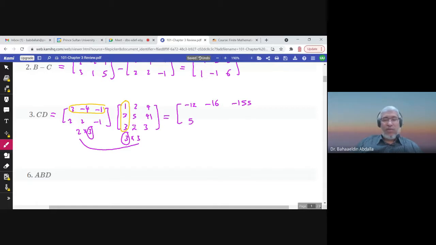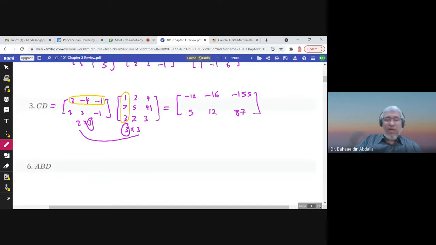Second row times second column, 4 plus 10 minus 2, 12. Second row times third column, 2 times 4, 8, plus 2 times 41, minus 1 times 3. This is 87. So this is the product matrix CD.